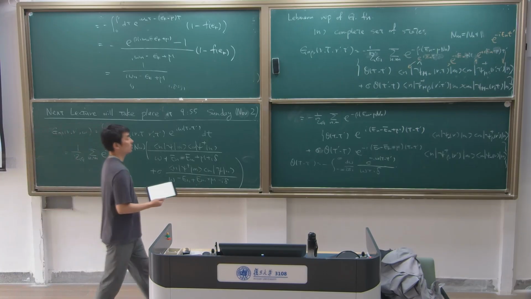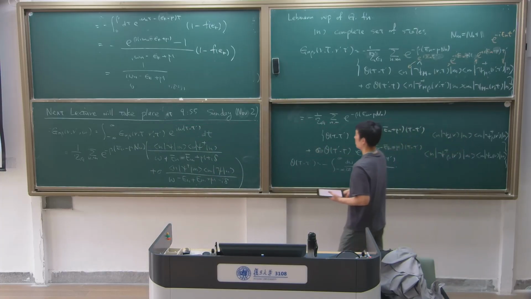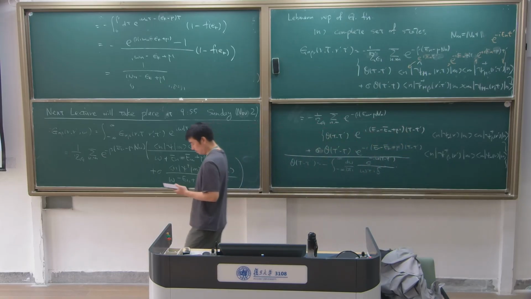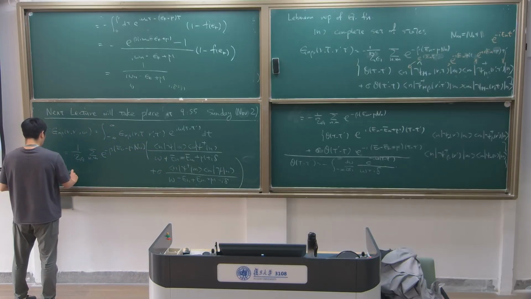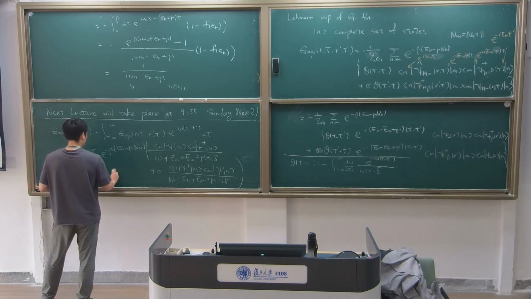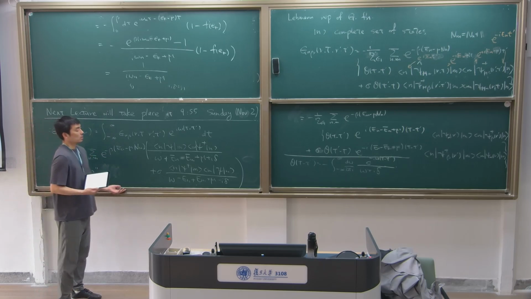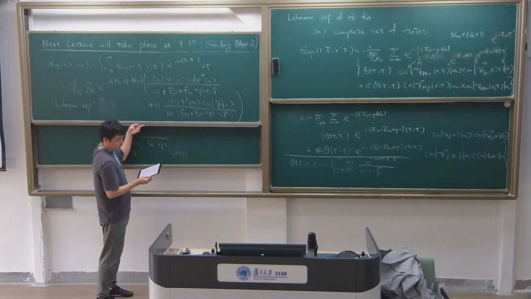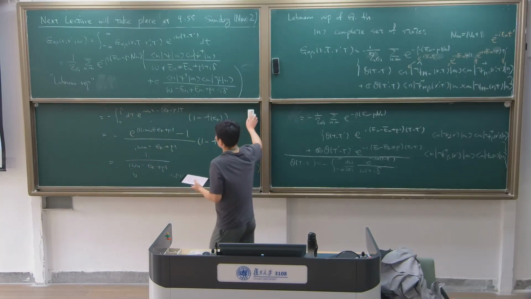So here you just be careful about the time ordering a little bit, and so this is called the Lehmann representation of the Green function. So we'll see why it's important in the coming half an hour.